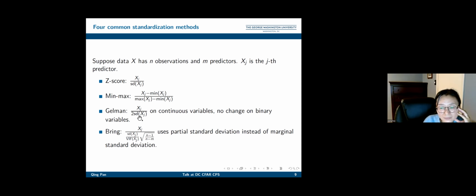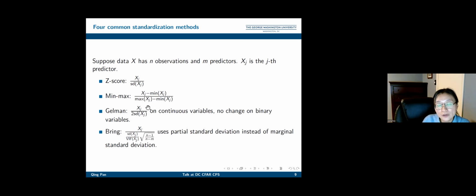Gelman and Brain are more technical. Gelman is saying that the Z-score applies to continuous covariates, but it does not apply to binary, although it is used for binary too. Why? Think about it. If I have a gender variable with probability of female 0.5 and probability of male also 0.5, the standard deviation of that binary covariate is 0.5.